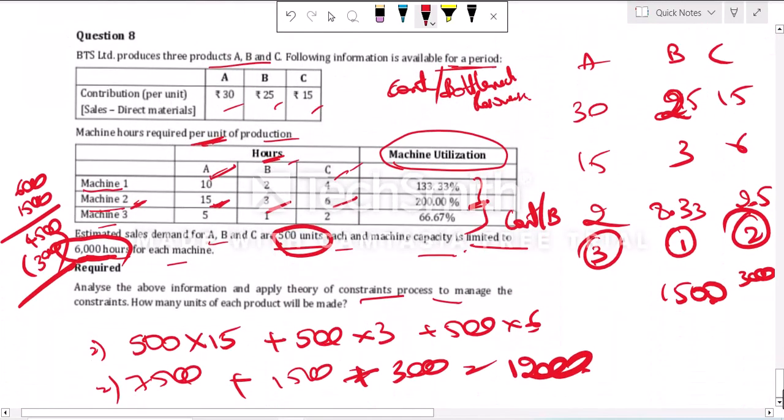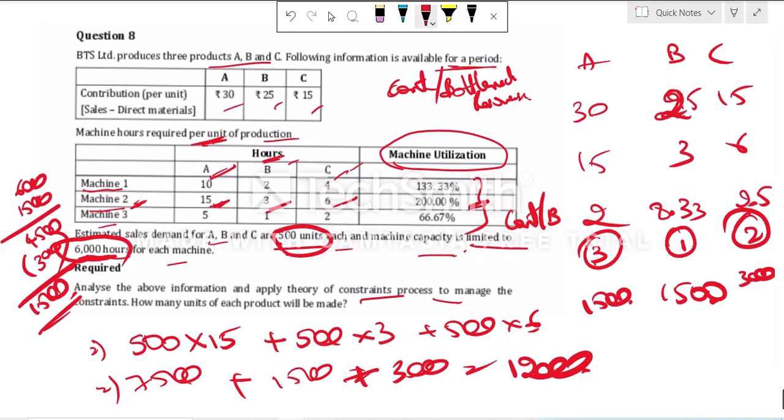So the rest 1500 remained. So 1500 we will use for A. Using that 1500 hours, how many units can you produce? 1500 divided by 15 hours per unit. So only 100 units are produced.